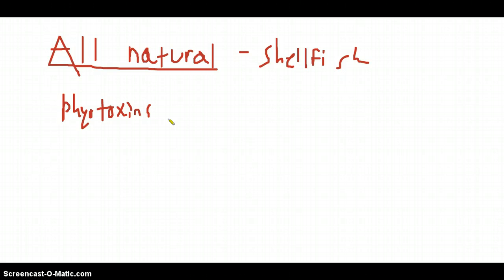And a great example of this is atropine. Atropine is from the deadly nightshade berries, and it's one of the most toxic plant productions. It's very famous, very well known.